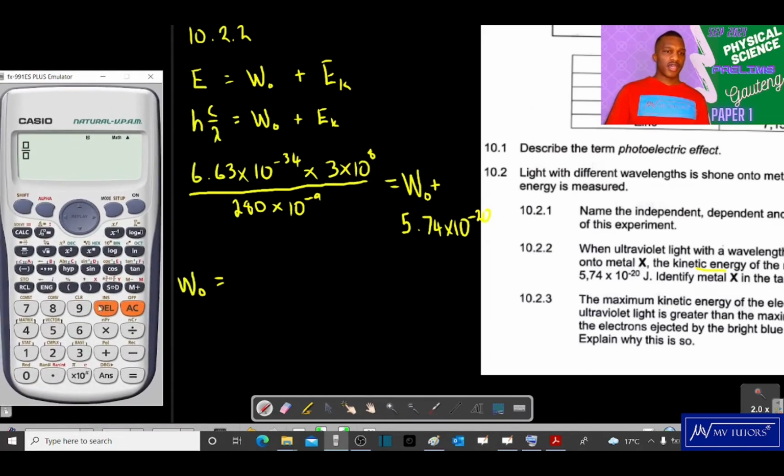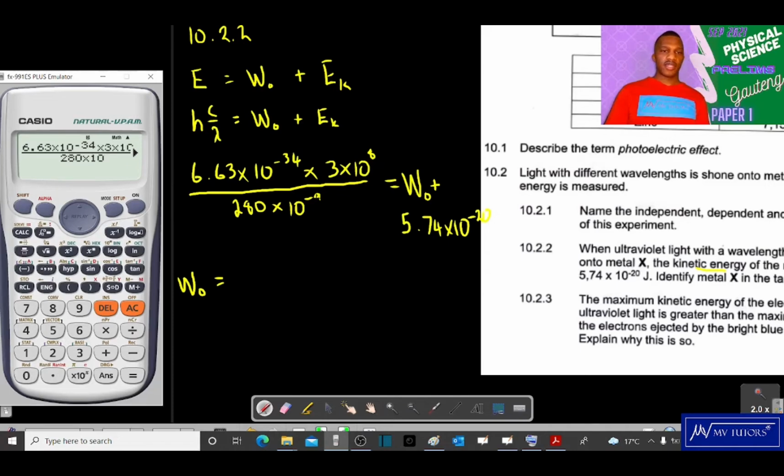So I will put that, and I got 6.63 times 10 to the power negative 34. I'll come down and then say times 3 times 10 to the power 8, and then we'll come down and then we'll put 280 times 10 to the power.